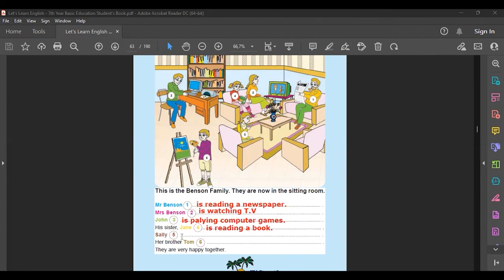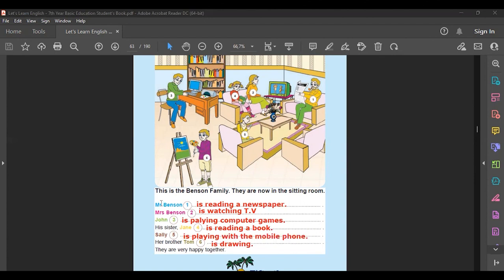So Sally is, for example, playing with the mobile phone, or she is calling someone, we don't know. Number 6, Tom. This is Tom. Tom is drawing.